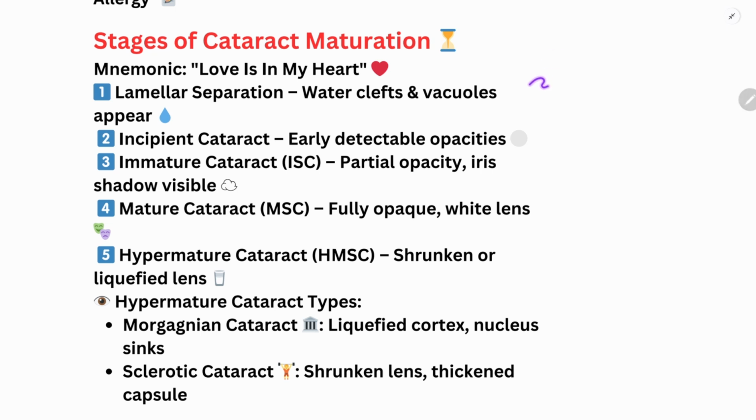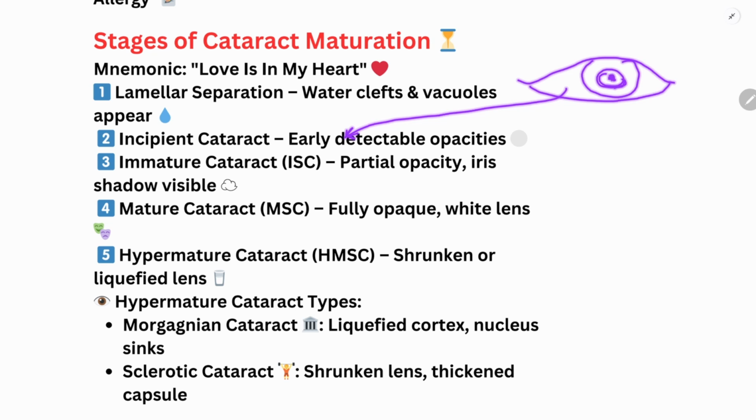Now I will explain with an image. For example, this is the normal eye. You will find a small opacity in the pupil region. So this is incipient cataract.